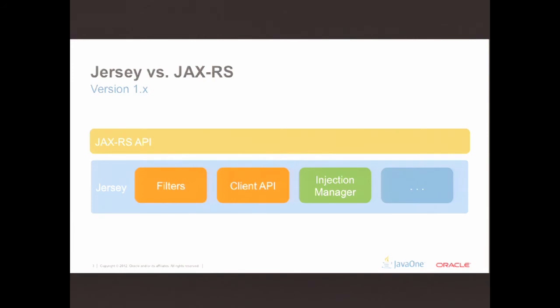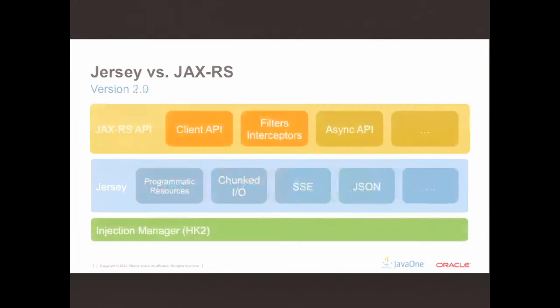And since this is changing in JAX-RS 2.0, basically the client API, filters and interceptors, and a bunch of other stuff is becoming part of the API. It means that the API becomes standard. At the same time, it's a little bit different API.